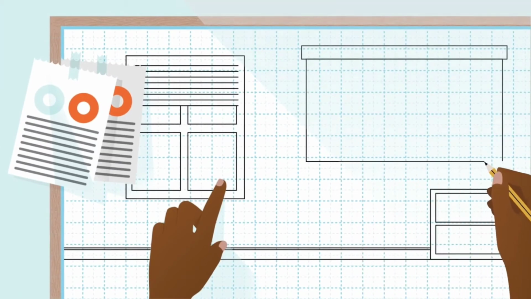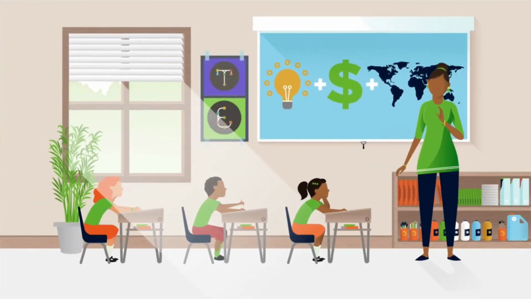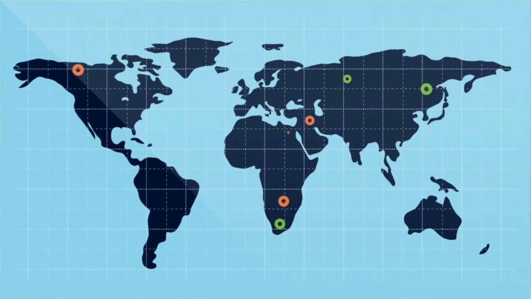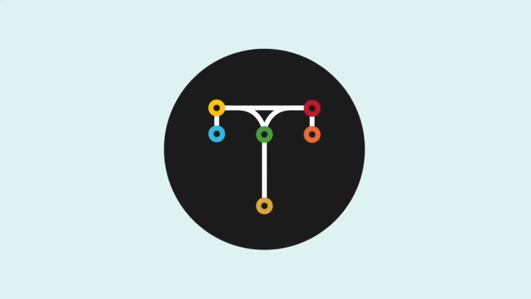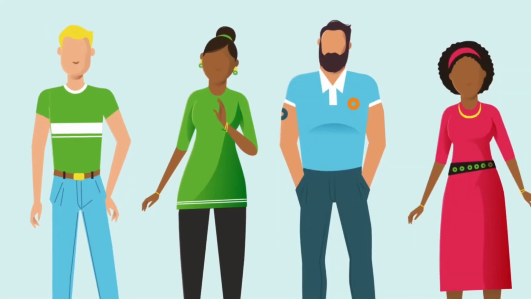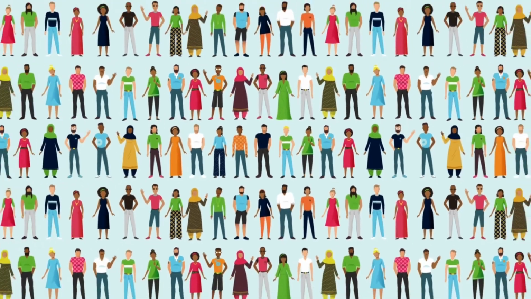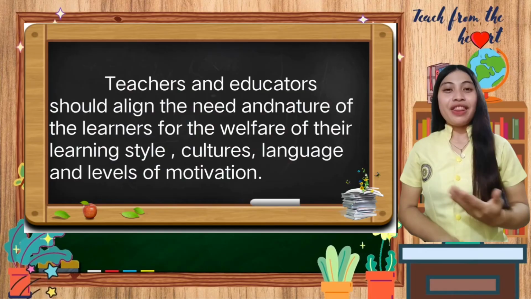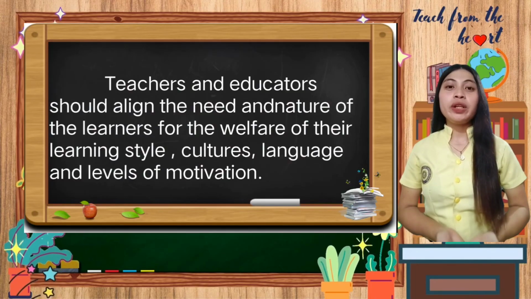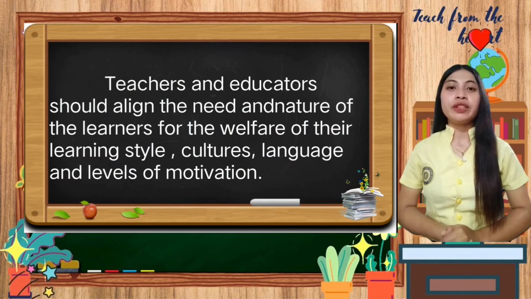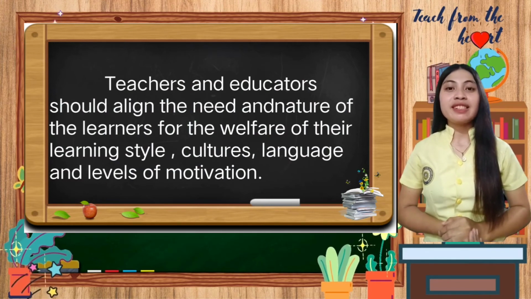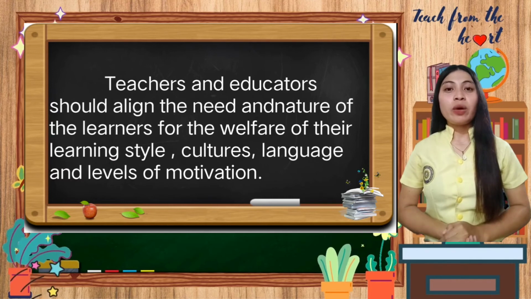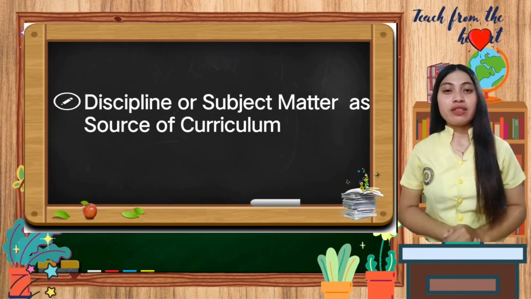The students are also different in terms of socio-economic status and educational backgrounds. For this, the students are one of the major sources of curriculum development models. Thus, teachers should align the curriculum to the needs and nature of the learners for the welfare of their learning styles, culture, language, and levels of motivation.